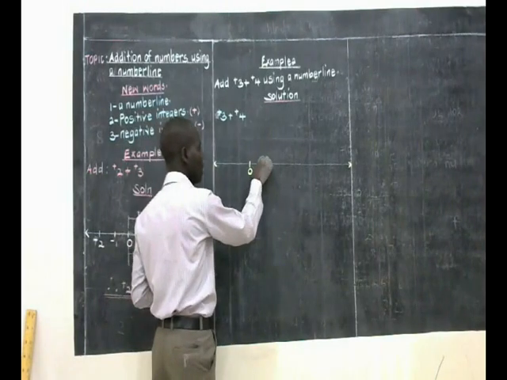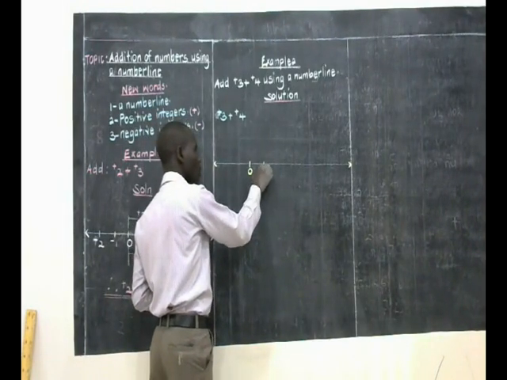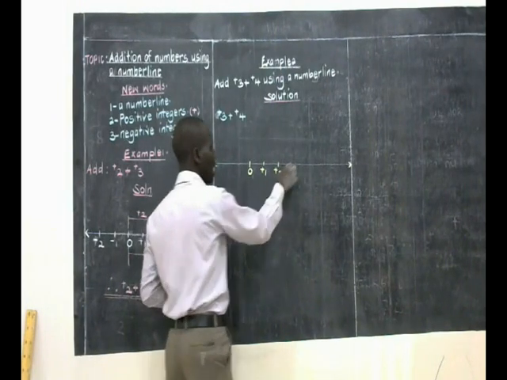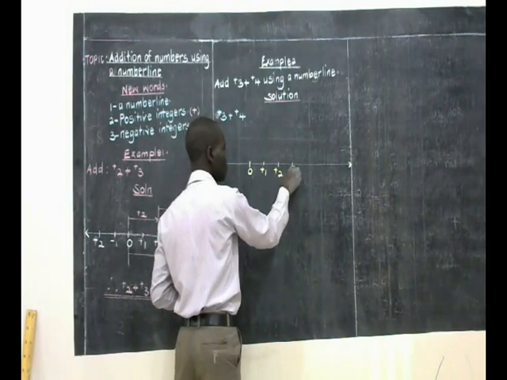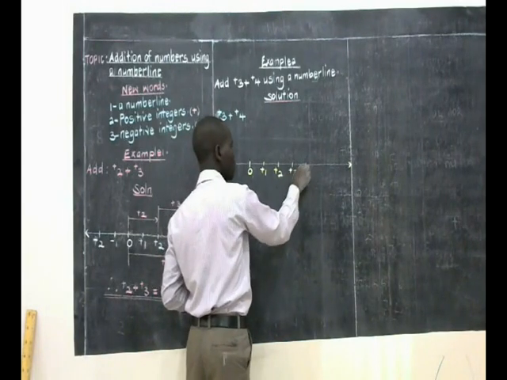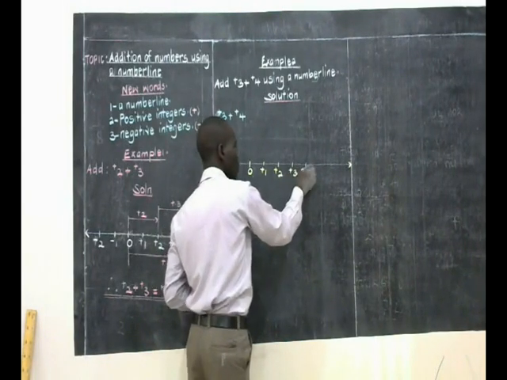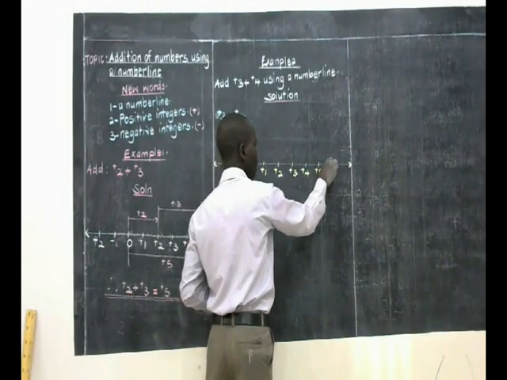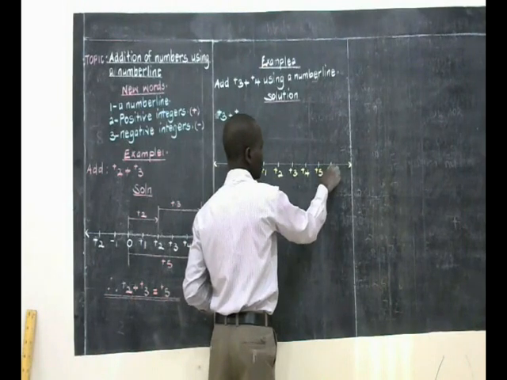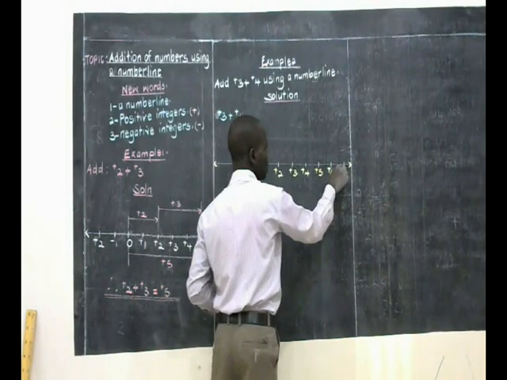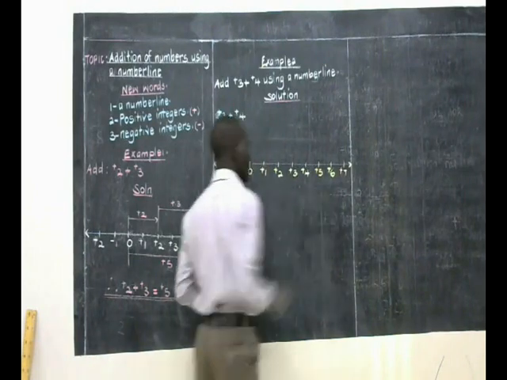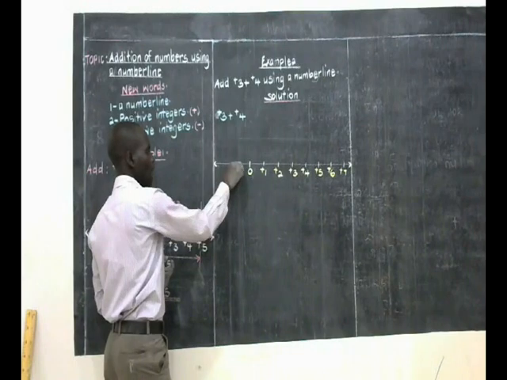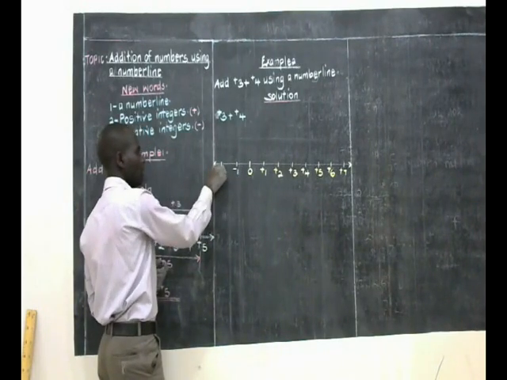So we have here to be positive 1, we have positive 2, we have positive 3, we also have positive 4, we have positive 5, we have positive 6, and because of the limited space, I have positive 7. And then on the left hand side, we have negative 1, and I have negative 2.